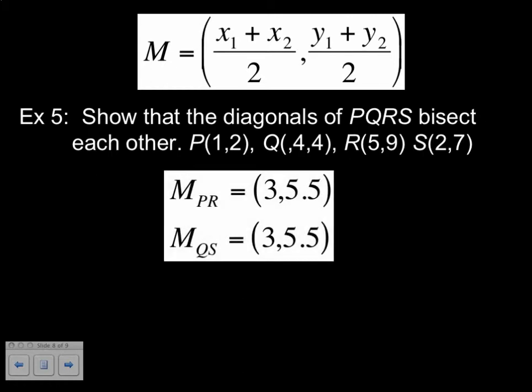After using the midpoint formula, we find that the midpoint of segment PR is 3, 5.5, and also the midpoint of QS is 3, 5.5, and therefore the diagonals do bisect each other.